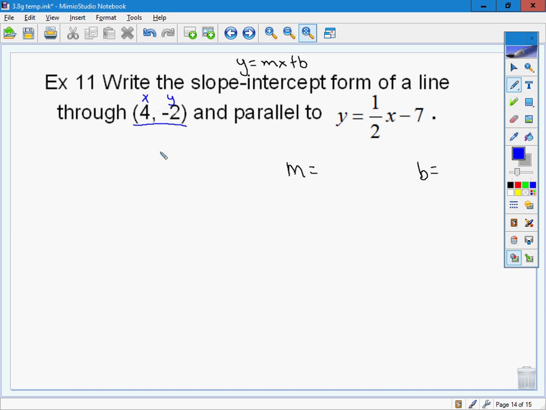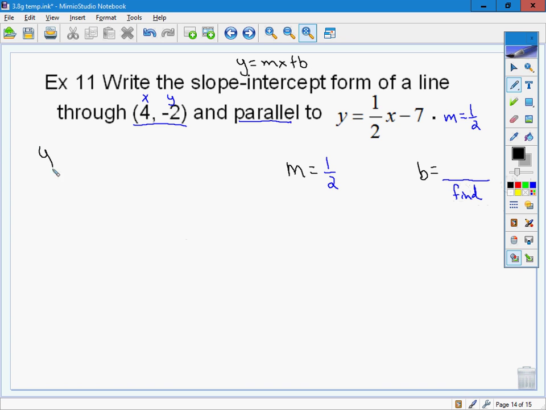4 and -2 are just an x and a y value. It says parallel to this line. This line has a slope of 1/2. So my line to be parallel to it also has to have a slope of 1/2. I still need to find whatever b is.